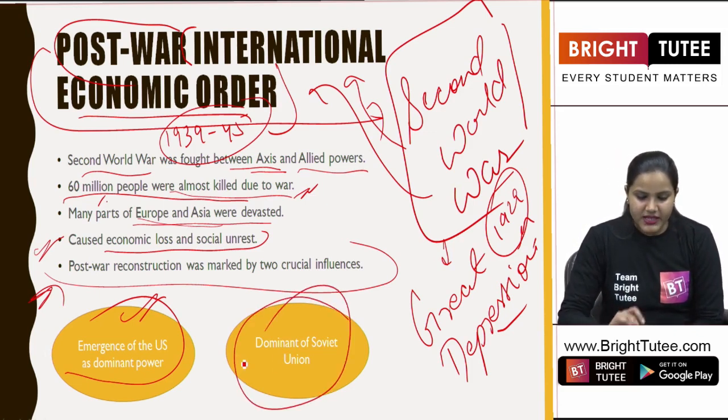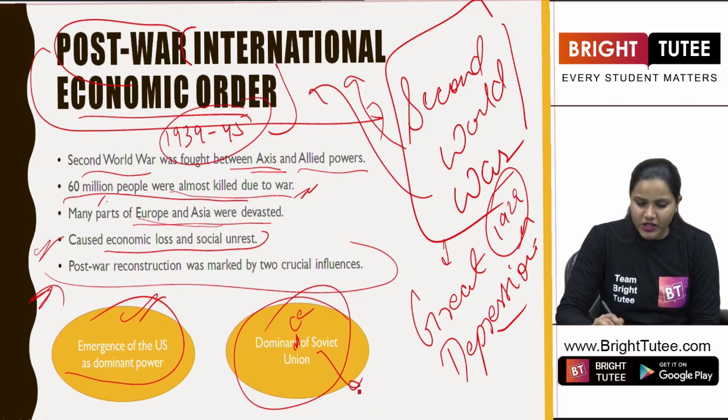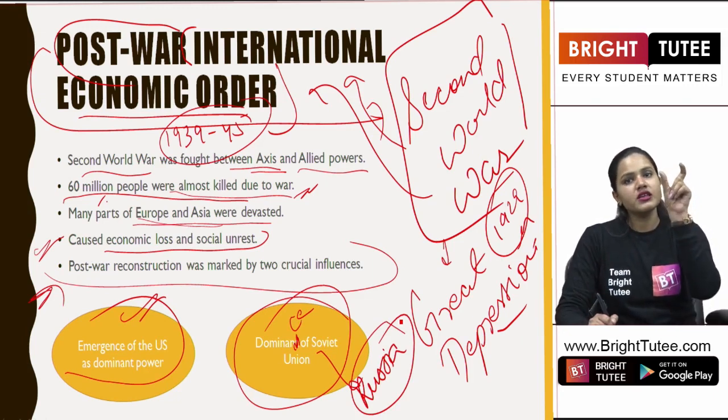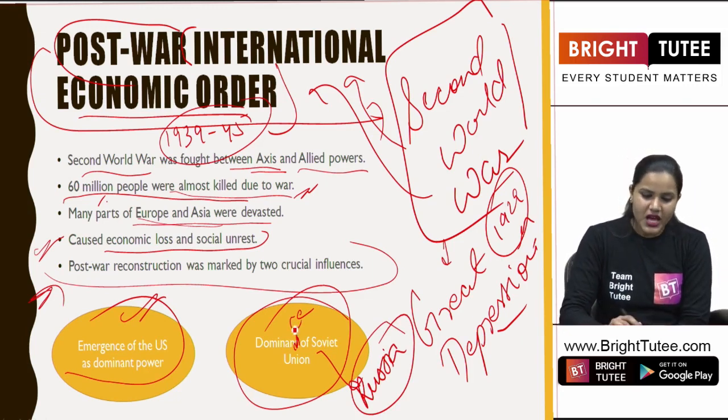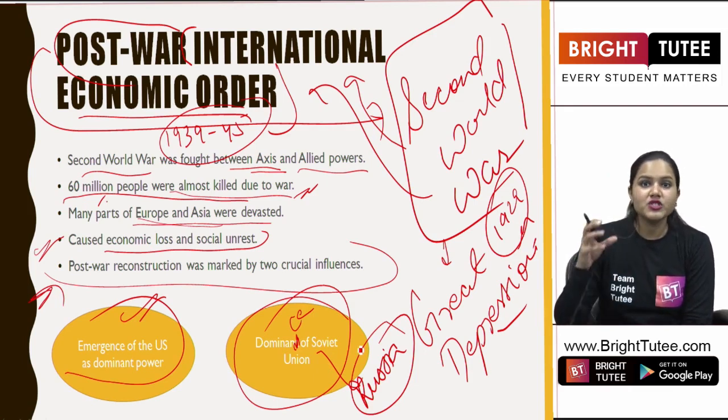The second one is the dominance of the Soviet Union. Yes, students. The Soviet Union here is the present-day Russia region. At that time, it was known as Soviet Russia or the Soviet Union. Okay? So the Soviet Union was not that popular at that time. It was not that dominant all over the world in the European scenario.